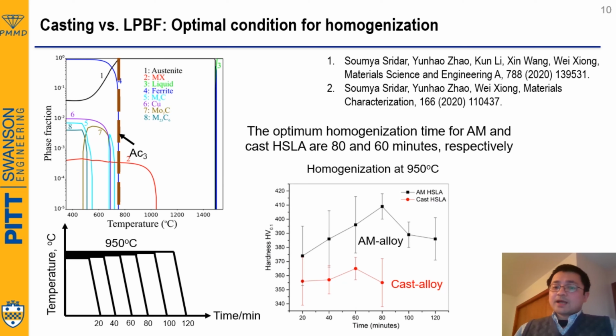So this is applied again for the homogenization. We want to make sure that the grain size is not coarsening very much. And sometimes we want to make sure that we find the optimum strength once we do the heat treatment or post-heat treatment for additive manufacturing samples.